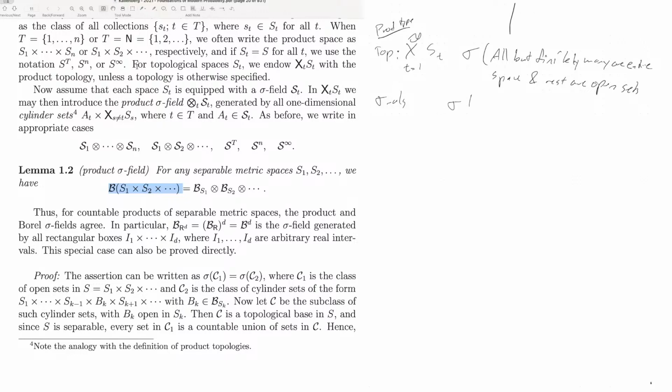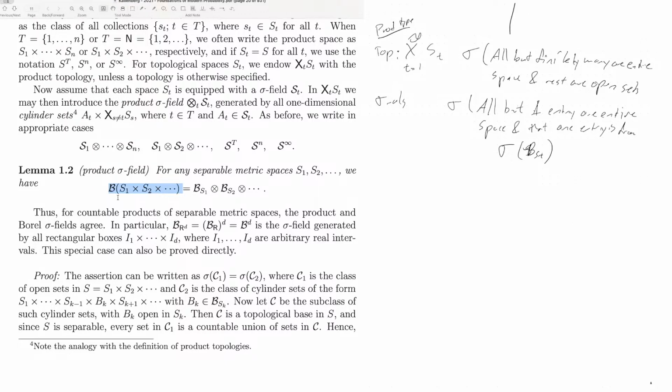Say sigma, all but one entry is the entire space, and that one entry is from whatever sigma of, well, B sub ST, right? So that entry.